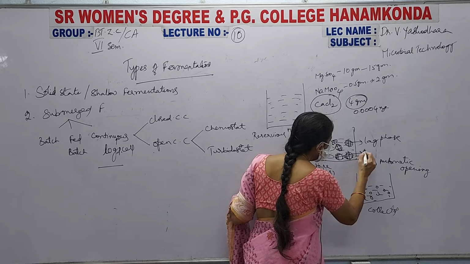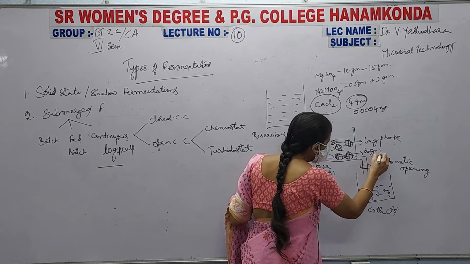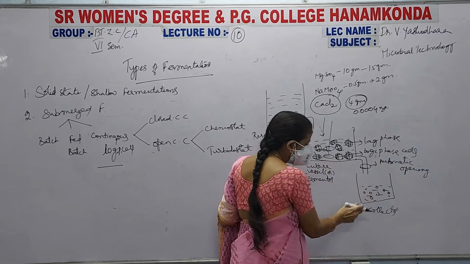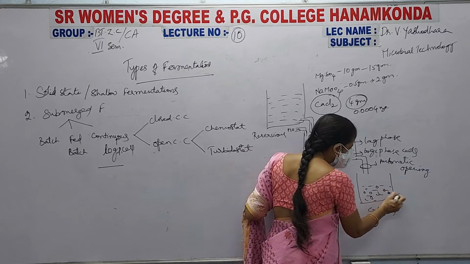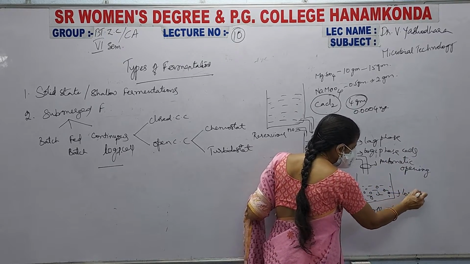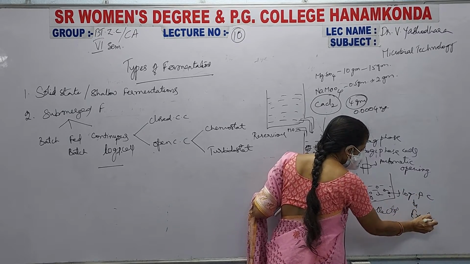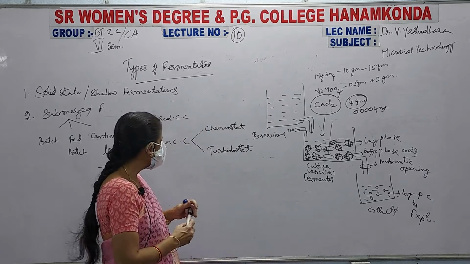All the cells are now in log phase, and the log phase cells are collected here, and these log phase cells are used for our experimental purpose. This is known as your chemostat.